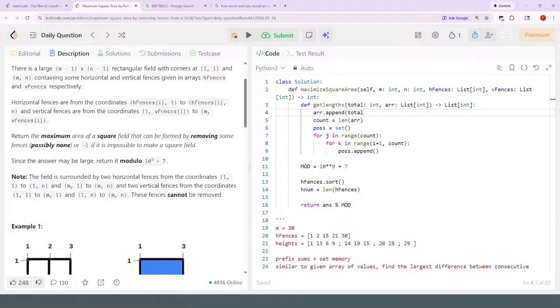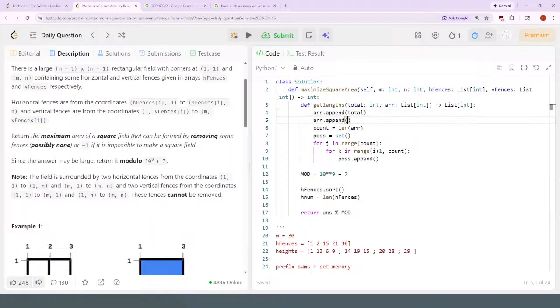So if the original fences are just 2, 15, 21, it will be something like 2, 15, 21, 31. Is that right? Yeah.